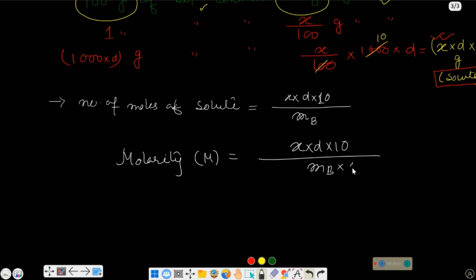So this is another formula for the molarity of the solution, where we need to know the percentage by mass of the solute, then the density of the solution, and the molecular weight of the solute, right? So this is the important formula.